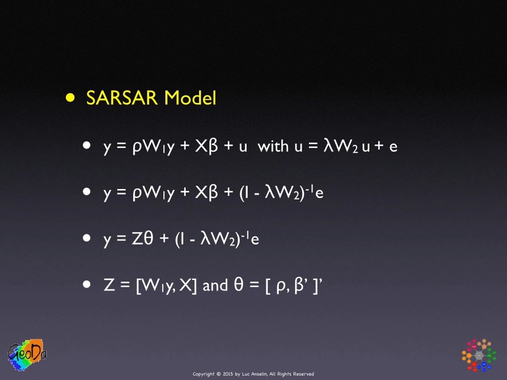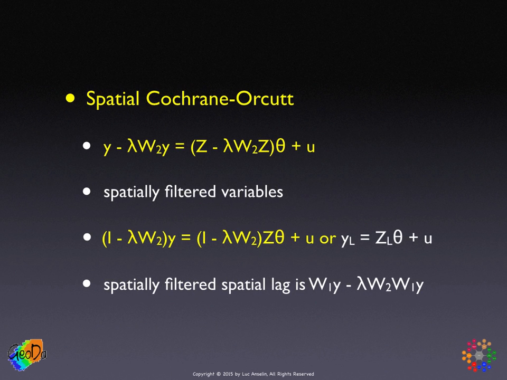So then the crux, the key of the solution, is a so-called spatial Cochrane-Orcutt transformation, or spatial filtering, where we express the dependent variable and all the explanatory variables. So this includes the spatial lag, any endogenous variables, and any exogenous variables, but not instruments. The spatially filtered variables are then used in an expression to remove this inverse matrix right in front of the error term.